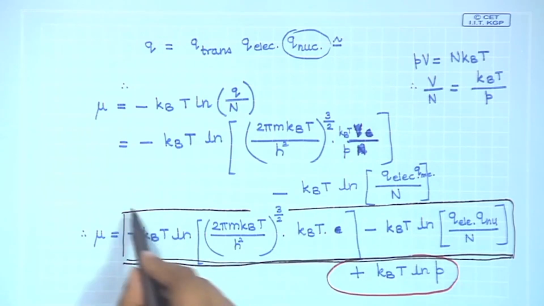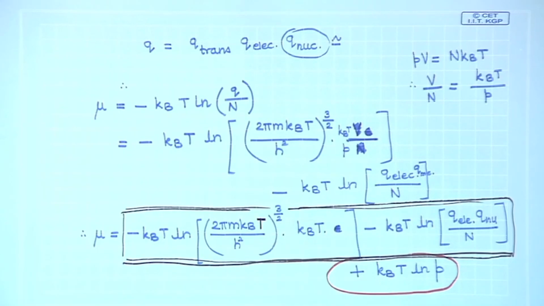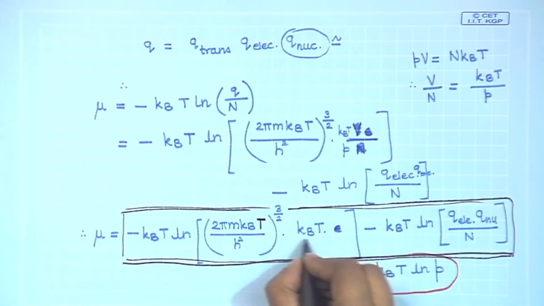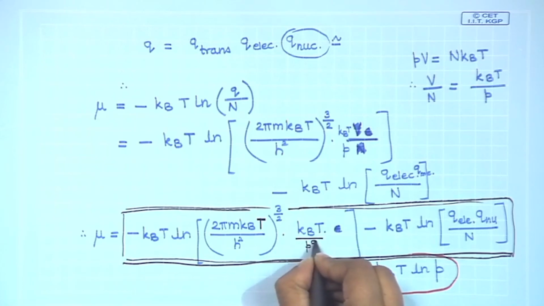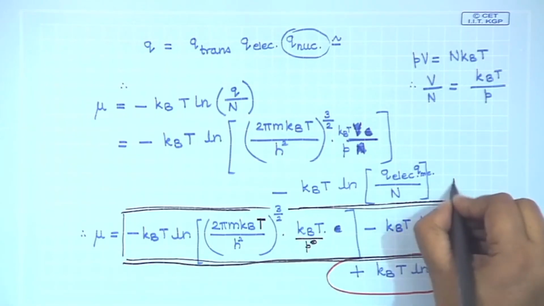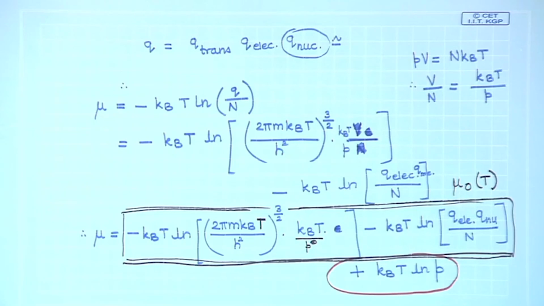Now, whatever appears within this square box is dependent on temperature. And as you see, I could have written this as kBT by P naught, where P naught is equal to 1 bar, and in that case this is nothing but mu naught of T as defined in the literature.